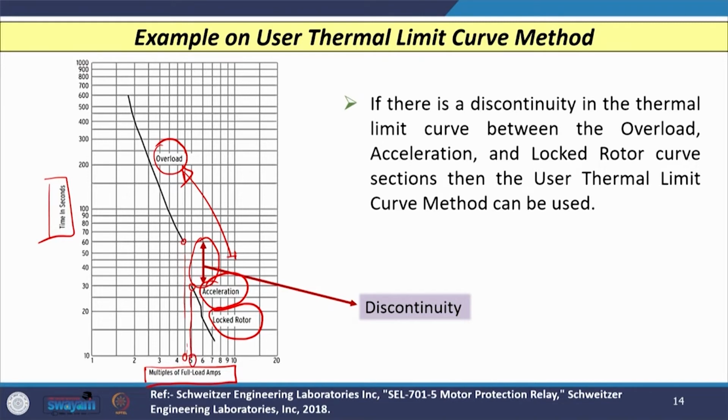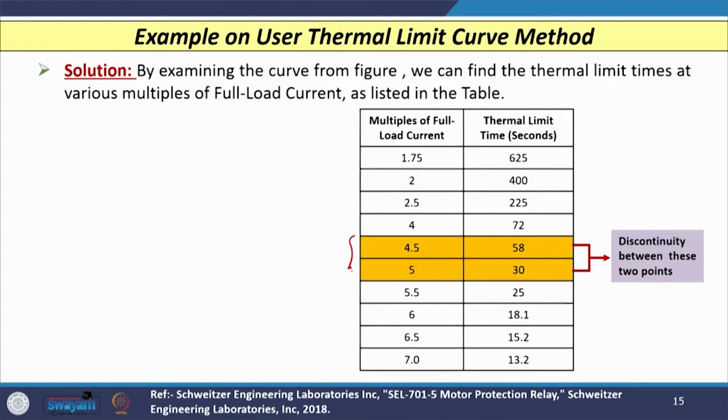So, there is a discontinuity between the multiples of full load amps from 4.5 to 5. You can see these 2 points, 4.5 and 5 multiples of full load amps, that I have marked, and the thermal limit times in seconds are also given here, because there is a discontinuity between these 2 points.